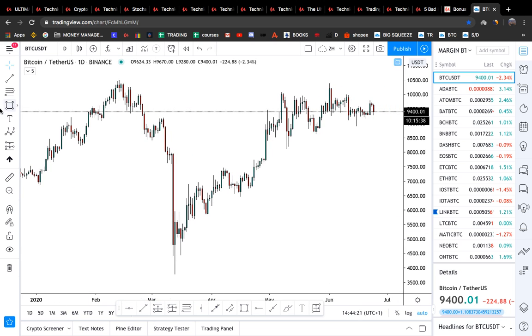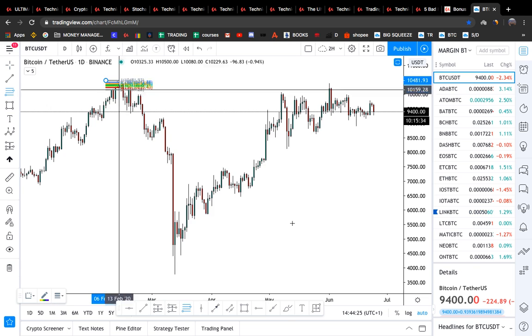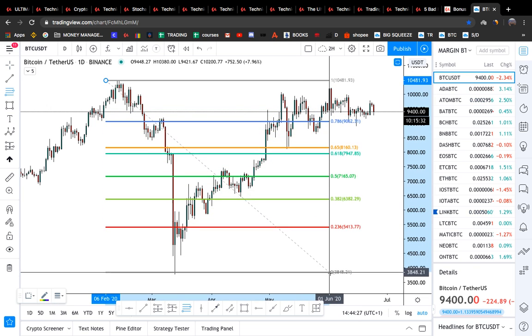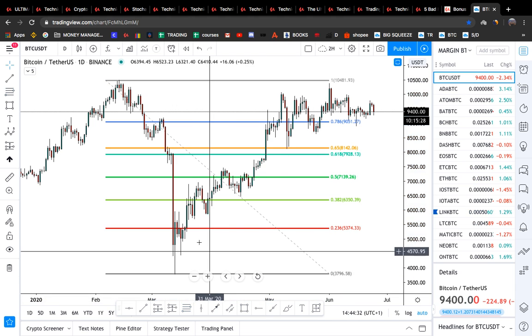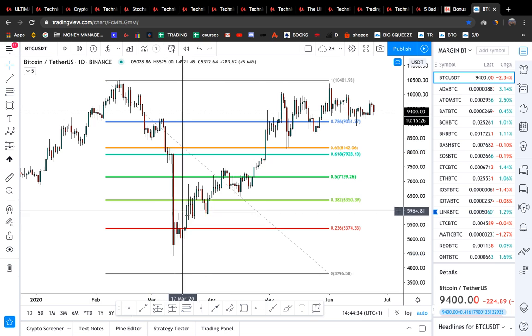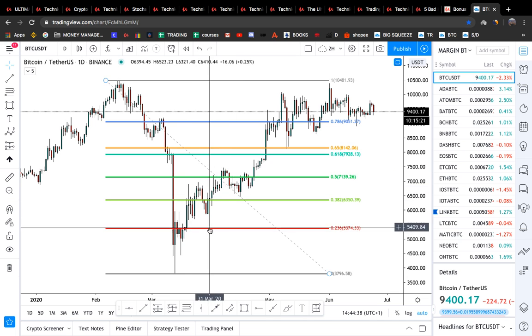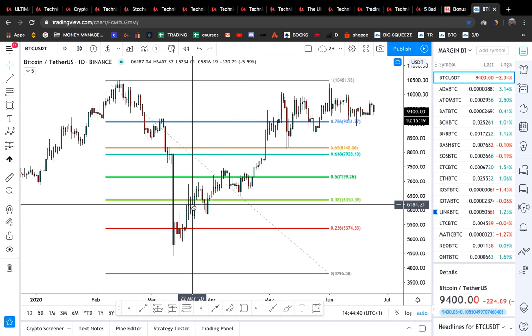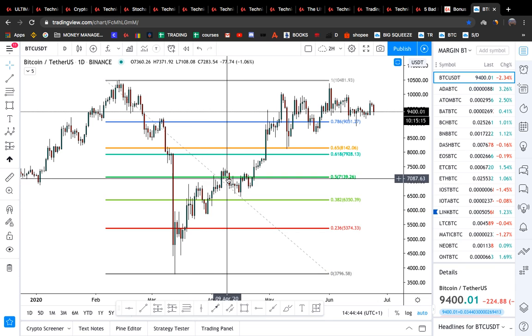Now let's look at another example. You are getting this strong move down, and what you see is price is rejecting a little bit the 0.382 level first, then it's closing above it, and it's going to the 0.5.